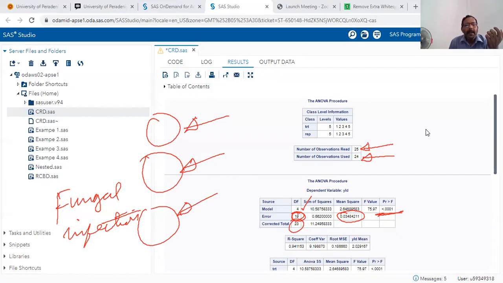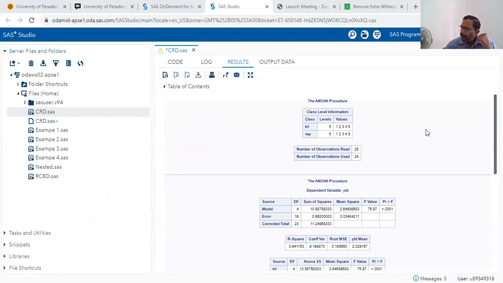Then we may have to throw this dish because we cannot keep the dish further, maybe for a germination test or whatever the test. So practically, we may come across this kind of problem. So how can we continue with that?